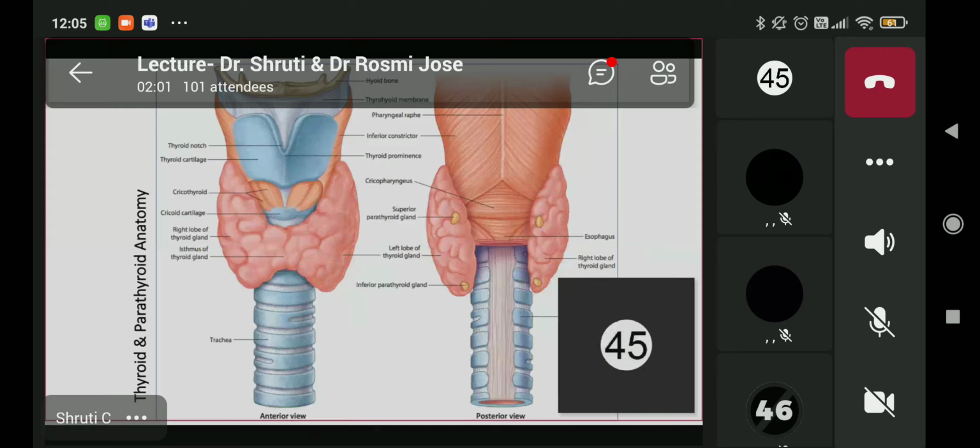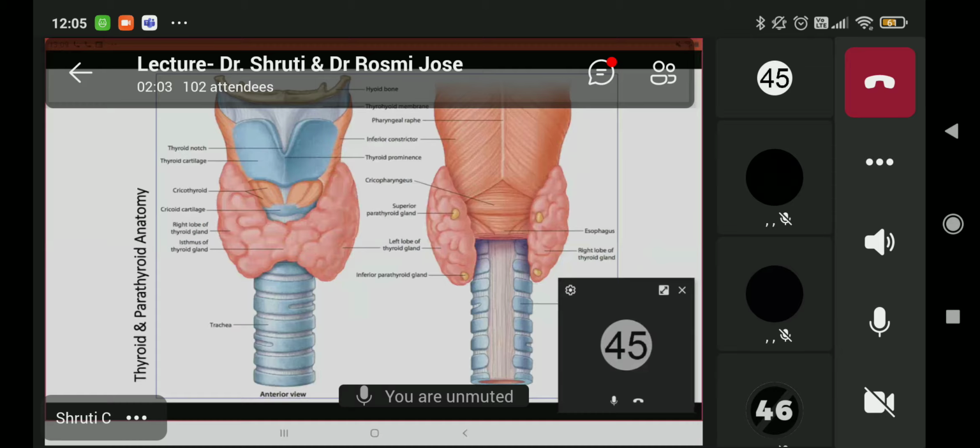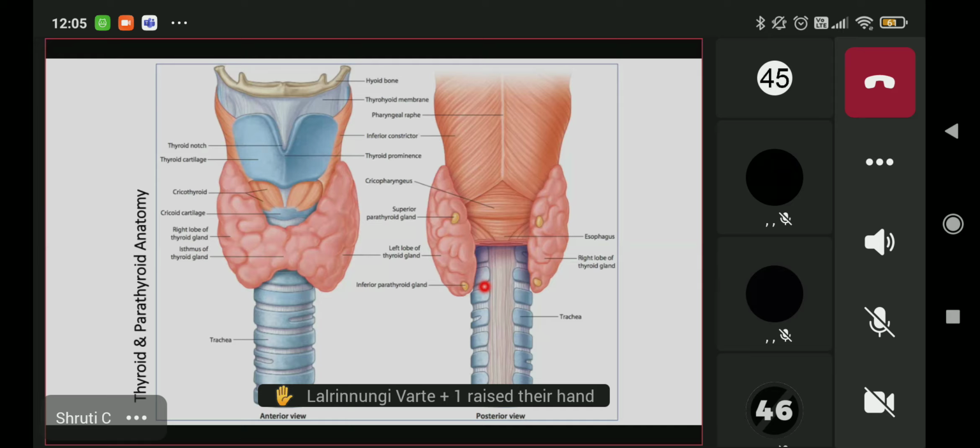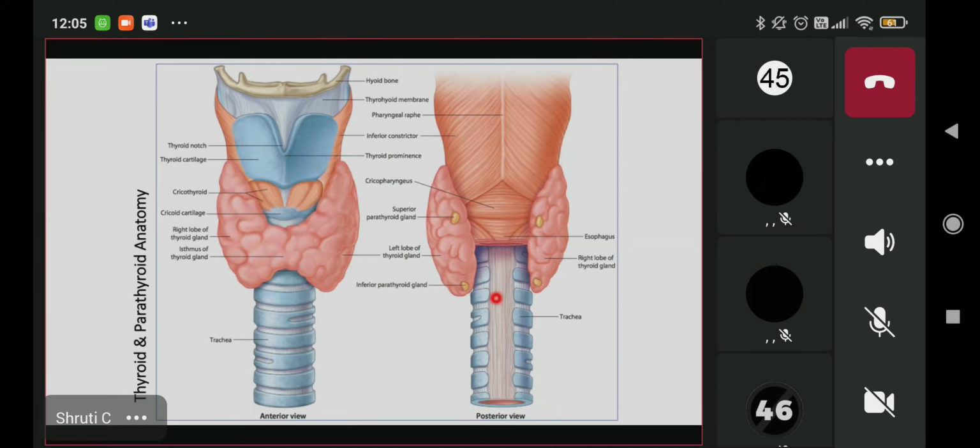Is it visible now? Okay, fine. So this picture I had already shown you. This is thyroid gland. And on the posterior surface of thyroid gland, there are four glands, the superior parathyroid and the inferior parathyroid glands. Okay.